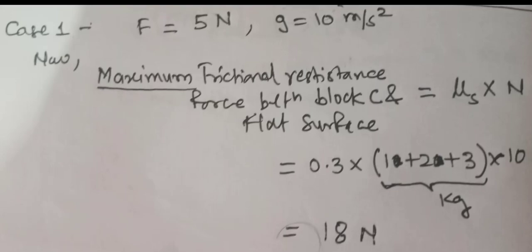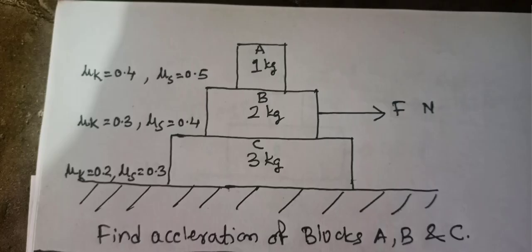Now the first point we have to understand is that we need to calculate the maximum. We have to understand this word maximum: the maximum frictional resistance force between block C and the flat surface.